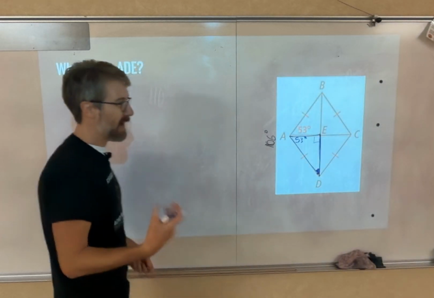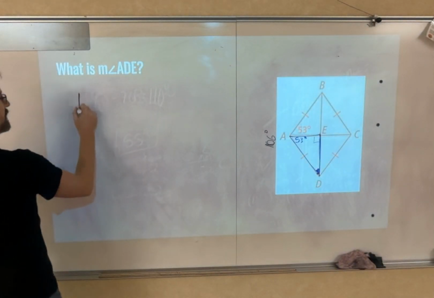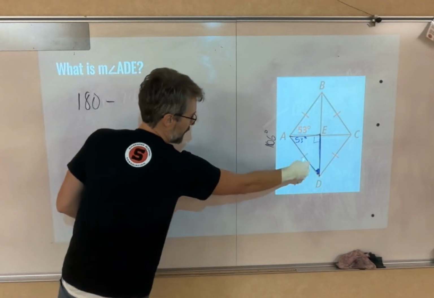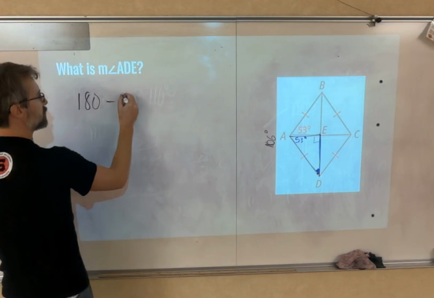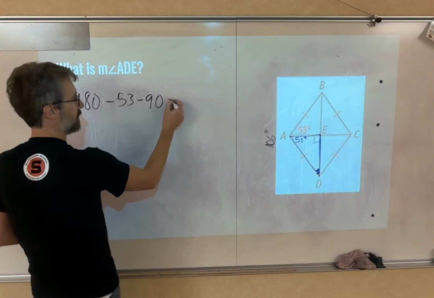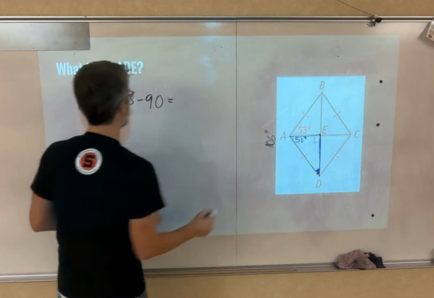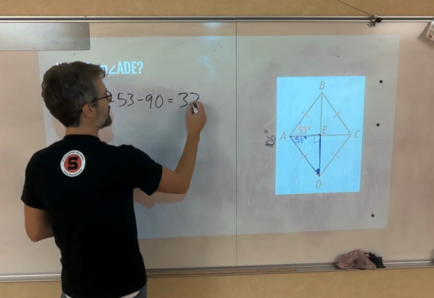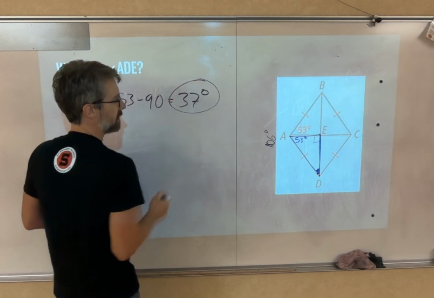So I think the fastest way to do this would be to take that 180 that's within this triangle that I highlighted in purple and subtract out the 53 and subtract out the 90-degree angle that's right here. Subtracting those two, that leaves me with, I think, a 37-degree angle for ADE.